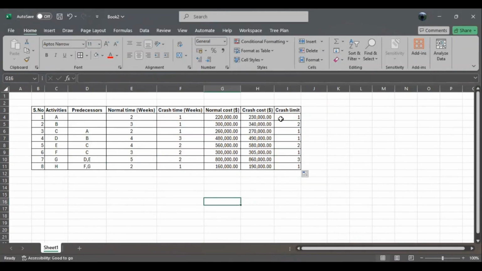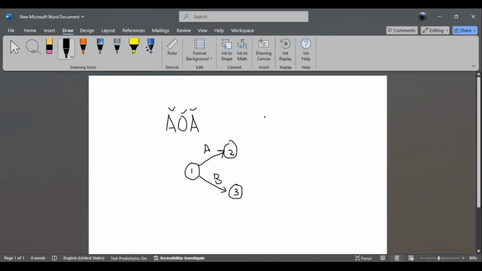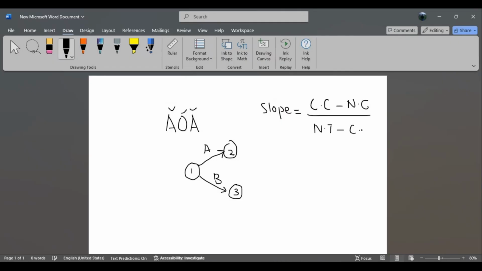This means activity G can be crashed by 3 weeks, having a normal duration of 5 weeks. After estimating the crash limit, we come up with a new column, and let's call that the column of slope. Now, what is a slope? Slope is defined by this equation: slope is equal to the crash cost minus normal cost, divided by normal time minus crash time.